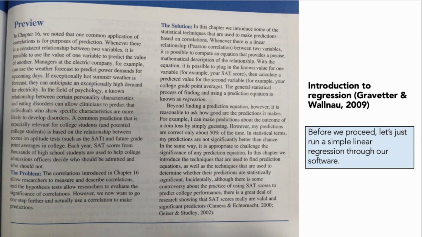But here, we are going to work on the method of getting this best fit line, and then use that best fit line and the equation that comes along with it to make a prediction about what the score for y is going to be, provided that x is a particular value. Let's say someone's SAT score is 700, what is going to be their GPA? That is something we can predict once we run a regression.